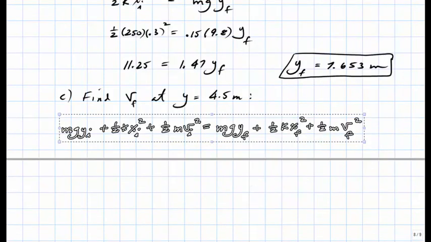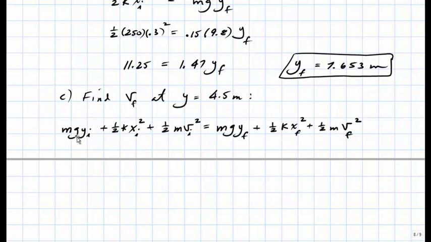Well, here is the conservation of energy theorem. And we've evaluated the initial state earlier and determined that this term disappears, as does the kinetic energy term.